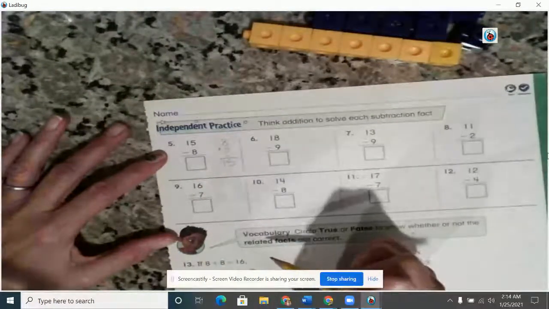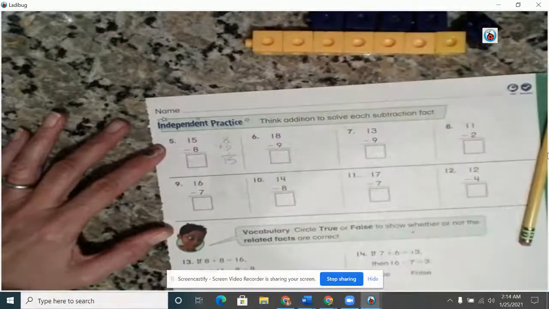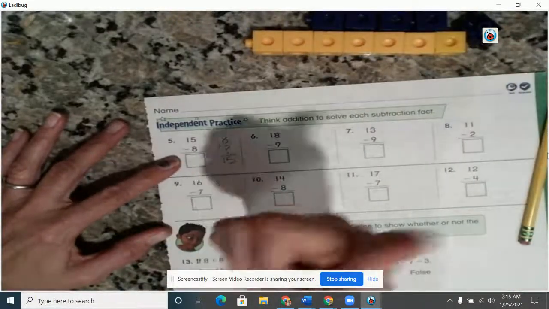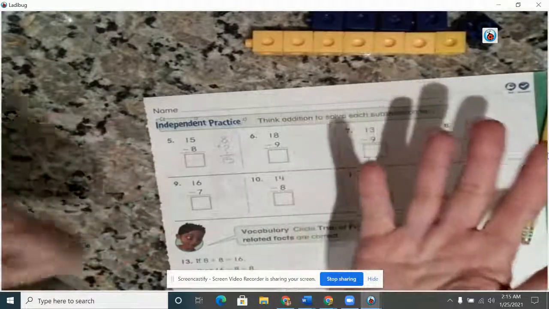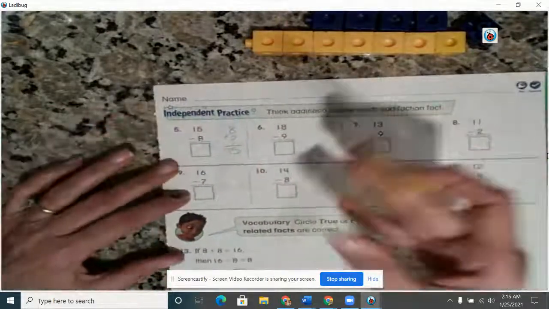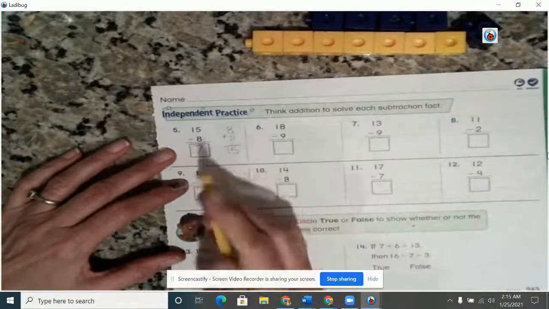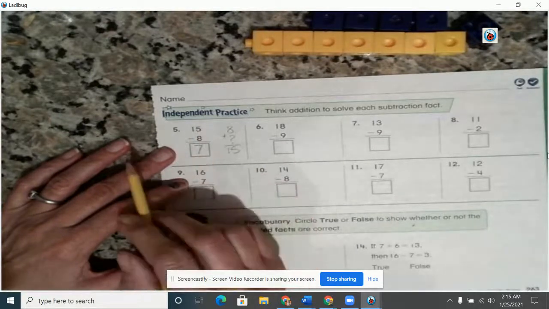What is that something? So my first thought is to take that 8 and count on to 15. 8, 9, 10, 11, 12, 13, 14, 15. So I've got my 7 fingers. So then 15 minus 8 is 7, and 7 plus 8 is 15.